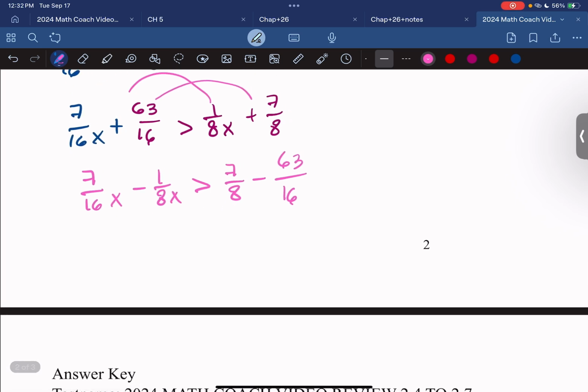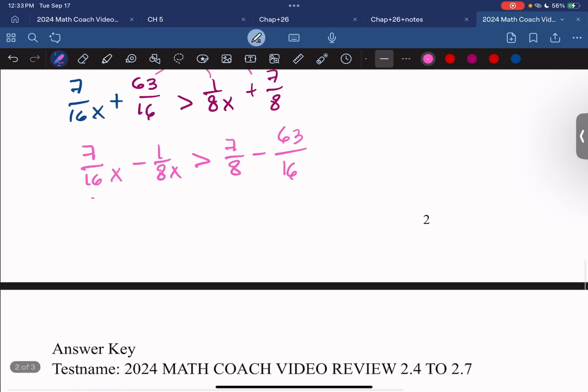So now let's find a common denominator so that we can subtract these fractions. So what's the greatest common factor between 8 and 16? It's going to be 16. So 7 over 16x. How can we make this have a denominator of 16? We would multiply it by 2.